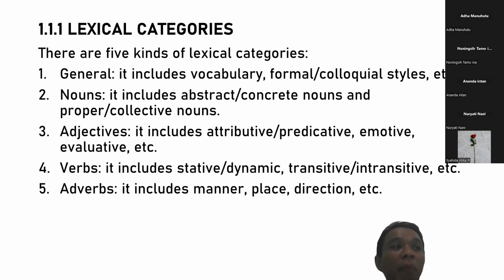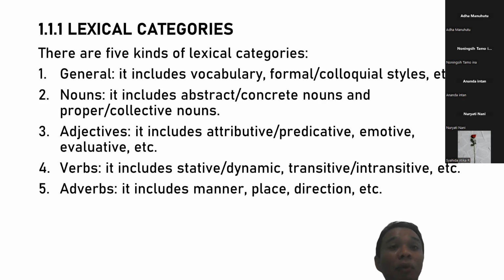For example, courage, fear. Okay, those are kinds of abstract nouns. Concrete nouns, the real nouns. Table. Chair.